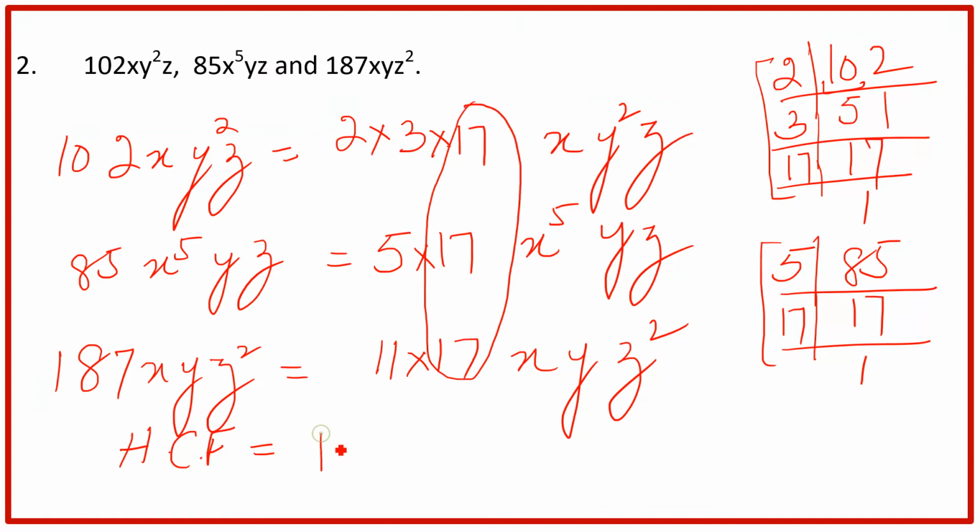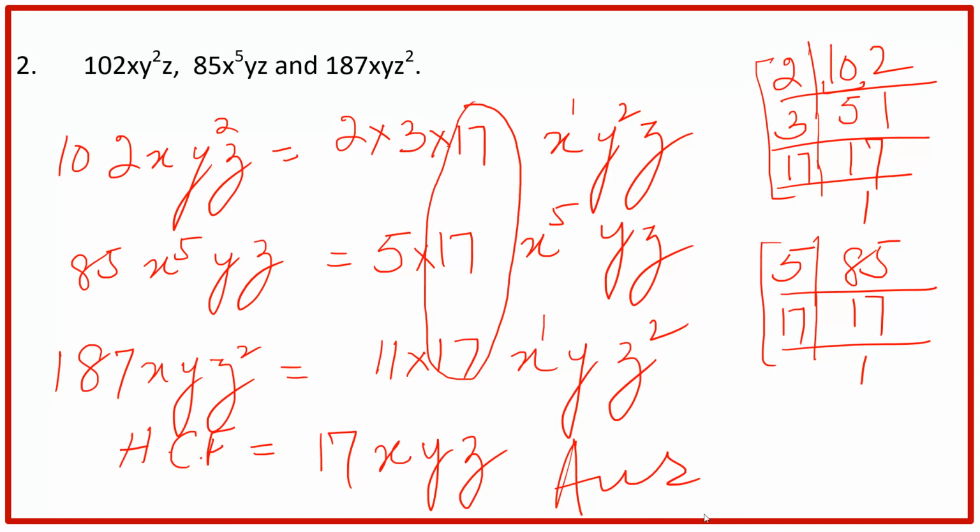So we will take 17 as a common, highest common factor. Here x we have only 1, here 5, here 1. So the minimum we can take as a common. Same thing for y, same thing for z. We can take 1 x common, 1 y common, and 1 z common, because here we have 1 z, 1 z, here we have 2 z, and this is the answer.